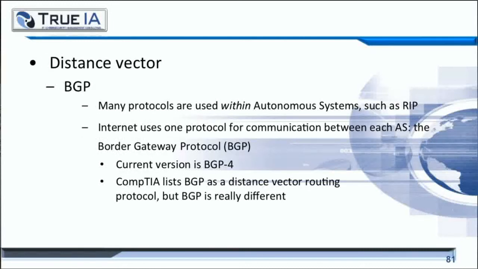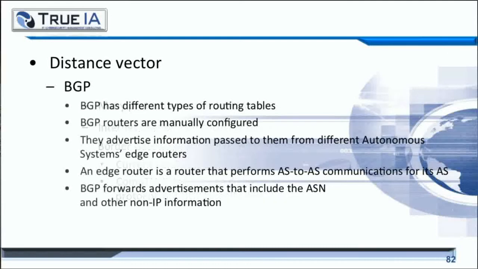Many protocols are used within the autonomous system, such as RIP, but the internet uses one protocol for communication between the autonomous systems, and that protocol is BGP, or the Border Gateway Protocol. An important note here is that CompTIA lists BGP as a distance vector routing protocol, but BGP really is rather different.